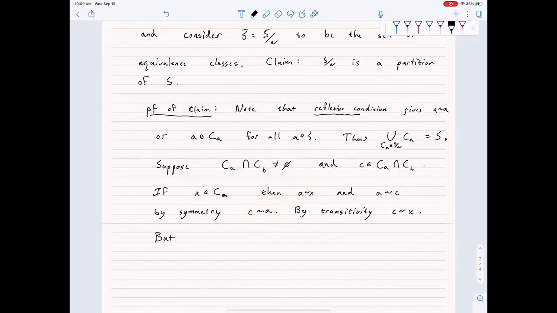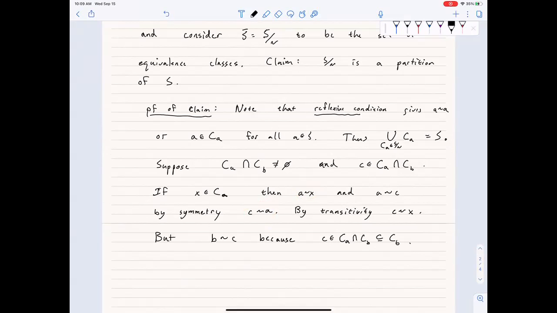But B is also equivalent to C, right? Because C is in the intersection, so it is also in C_B.